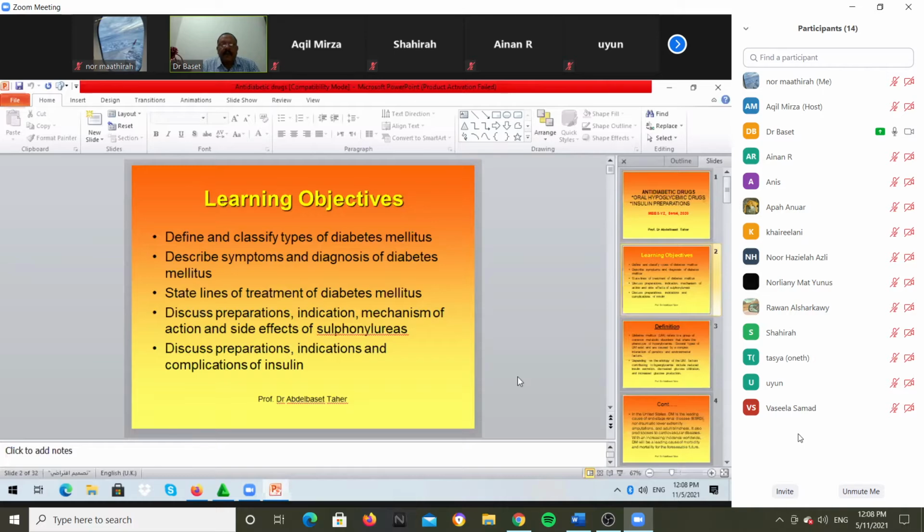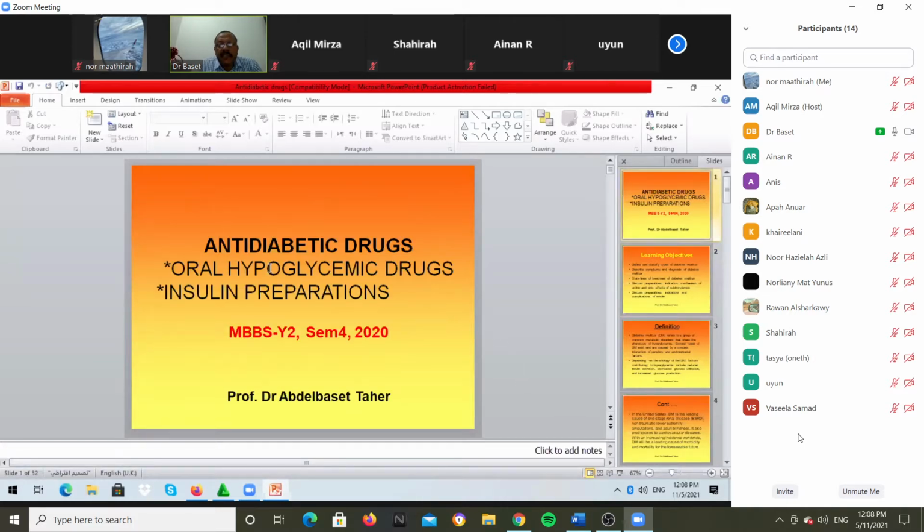So again, now I want to change this. This is known as oral hypoglycemic, which may now be equal to what is known as insulin secretagogues. So this is the newer term for the treatment of diabetes by oral anti-diabetic drugs and insulin.